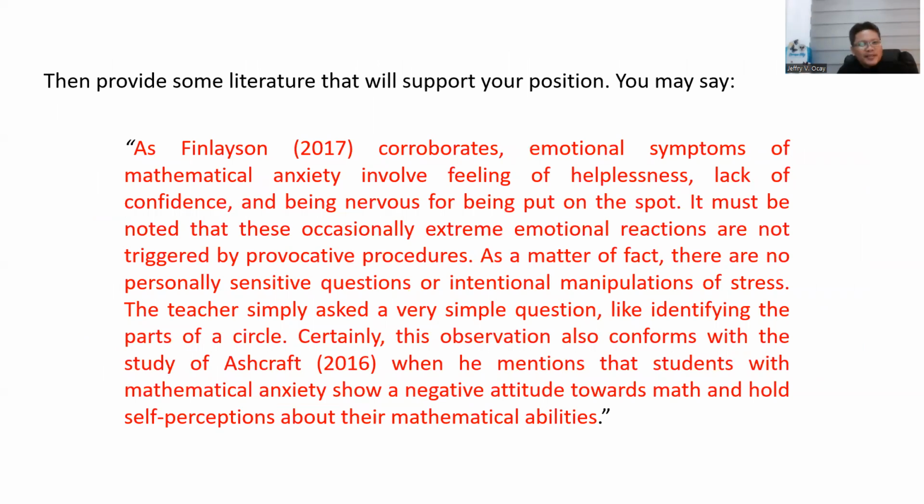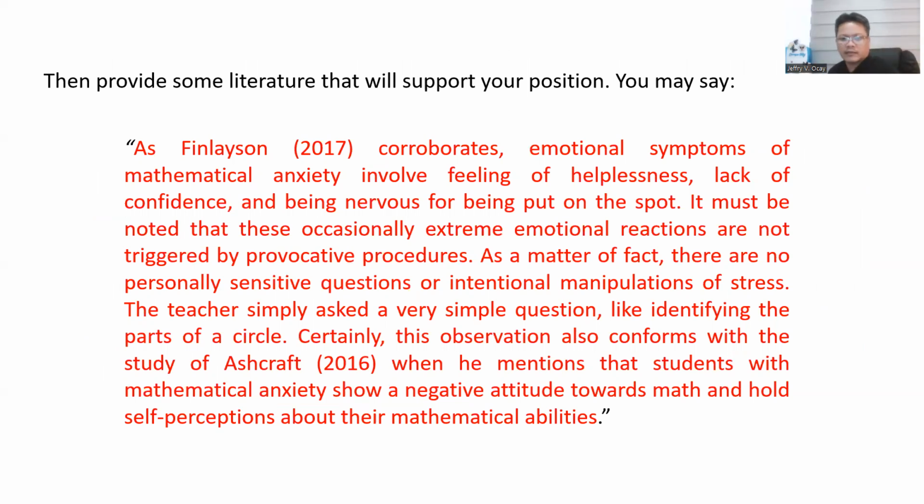Then provide some literature that will support your position. I need to explain this further. So you may say, as Finlayson corroborates, emotional symptoms of mathematical anxiety involve feeling of helplessness, lack of confidence, and being nervous for being put on the spot.